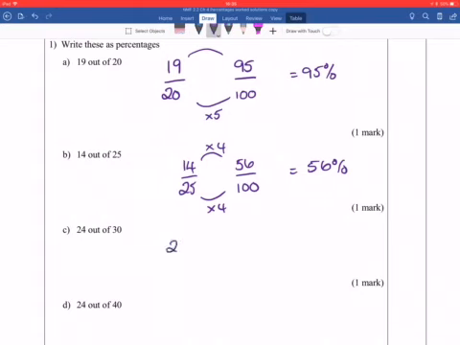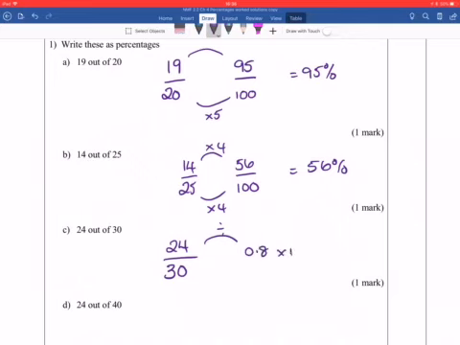Okay, 24 out of 30. You make it into a fraction, you divide to make it a decimal. 24 divided by 30 is equal to 0.8.